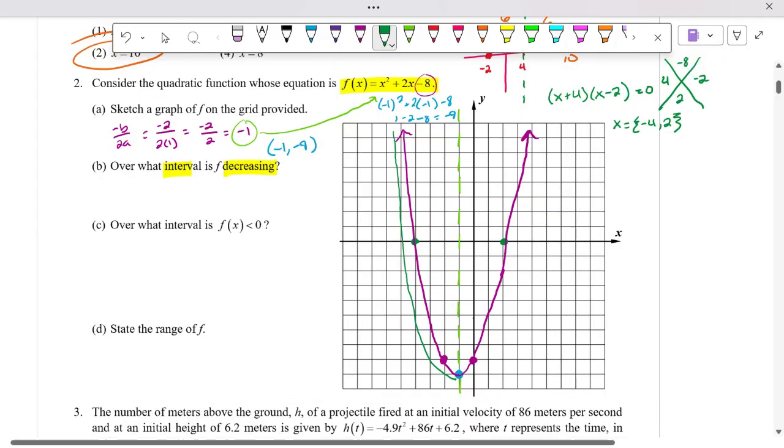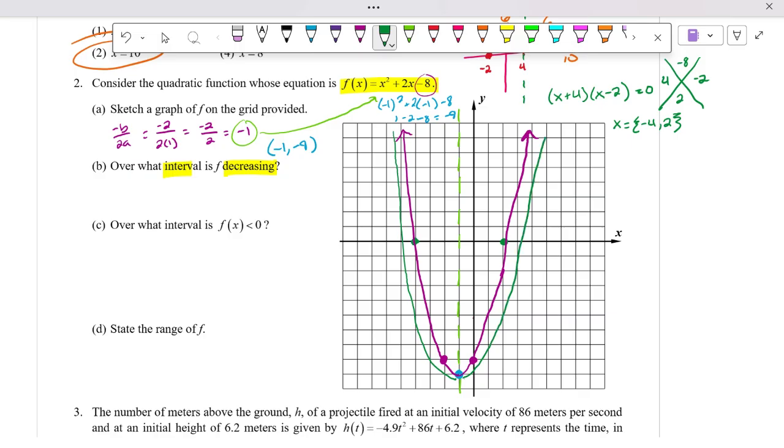All right. Then you should be going in the opposite direction after you hit the vertex. So which side of the vertex is decreasing, the left or the right? The left. So this is my interval of decrease over here.